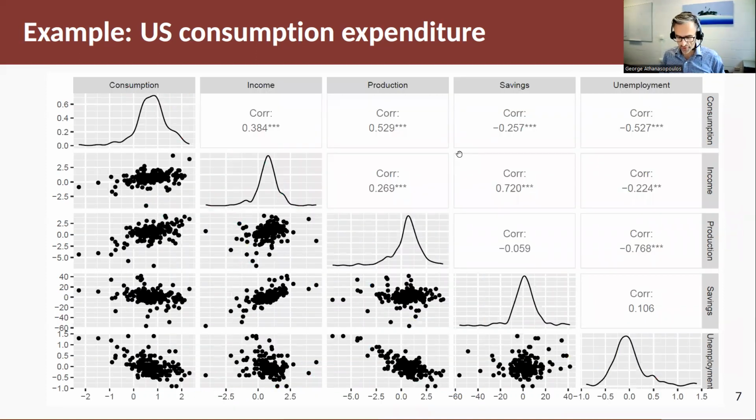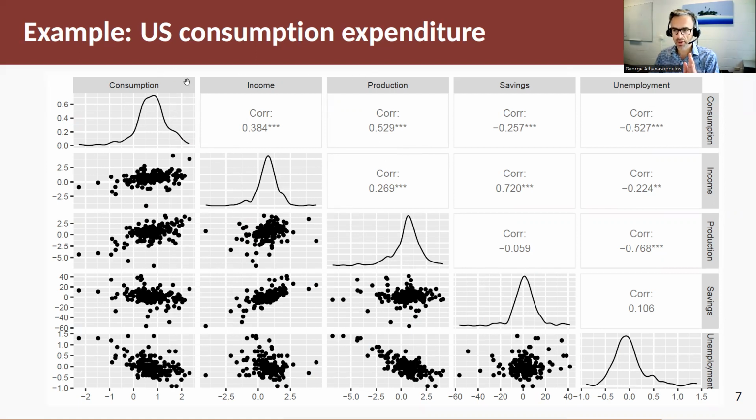Again, a better way of looking at this is looking at scatter plots. This is using the ggpairs function within the GGally package. Across our diagonal, we have densities or smooth histograms of the variables. So this is the density of consumption, income, production, and so on.